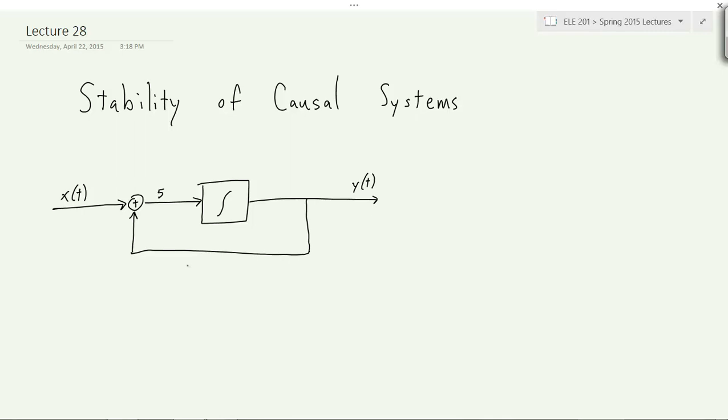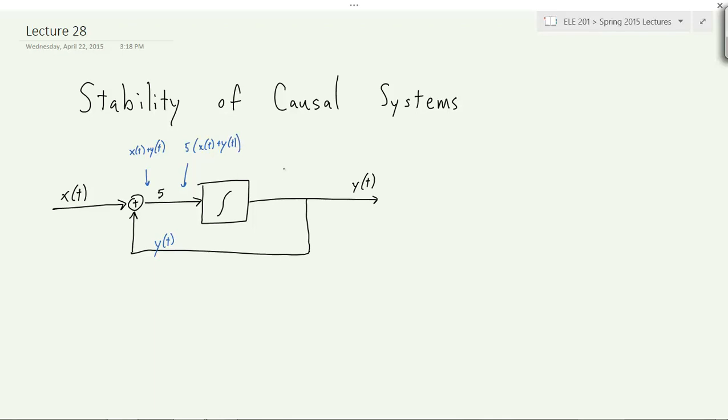All right. So let's just write out an expression. What could we write out here? Well, we could follow around. Since that's y of t, then this here is y of t. That's the same line, right? So at this point, we have x of t plus y of t. And at this point here, we have 5 times all of that, x of t plus y of t.